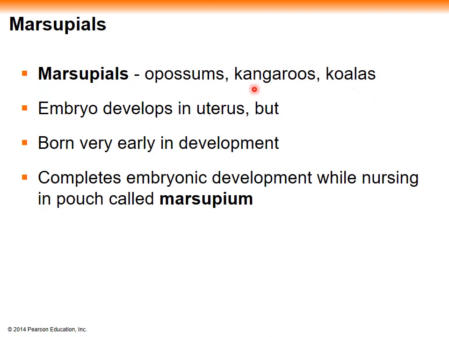Your koalas, your kangaroos. So as I say, the embryo initially develops in the uterus, but it's born really early in development. So it's actually born still as an embryo, and it has to complete its development in what we call a pouch. The technical name for the pouch is the marsupium, hence the name marsupial.